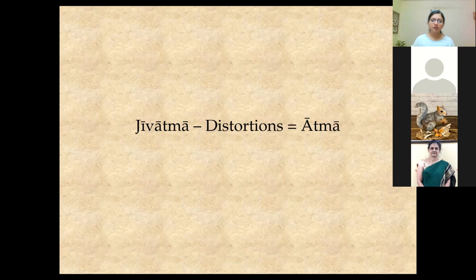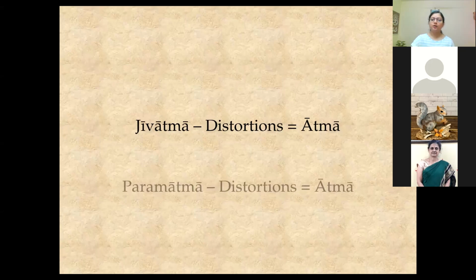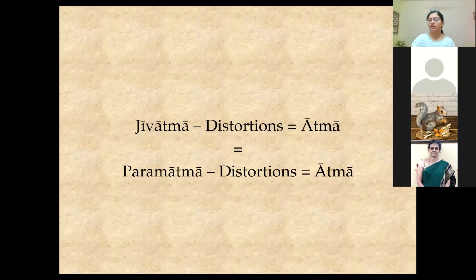On the Jivatma side also, if we subtract the distortions, what remains is only Atma. On the Paramatma side also, if we subtract the distortions, what remains is only Atma, which is nothing but OC.